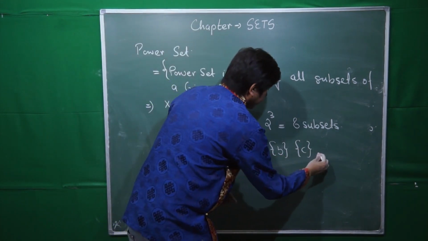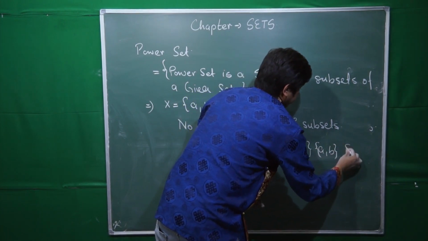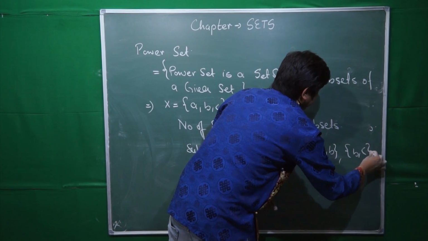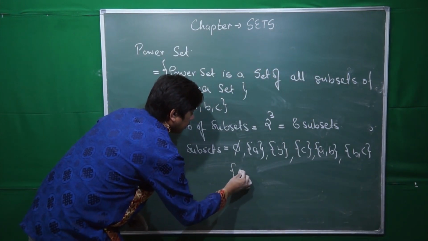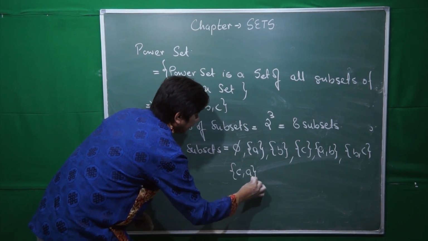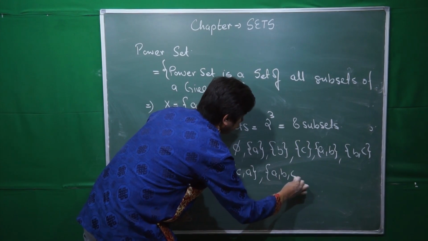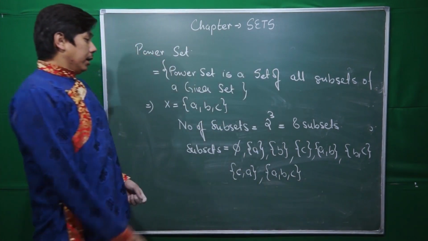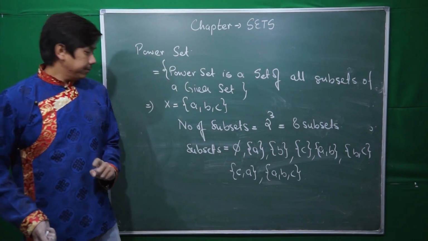Now combine them together: {a, b}, {b, c}, {c, a} as well, and then the last set is {a, b, c}. Alright. Now these are all the subsets of the set X.